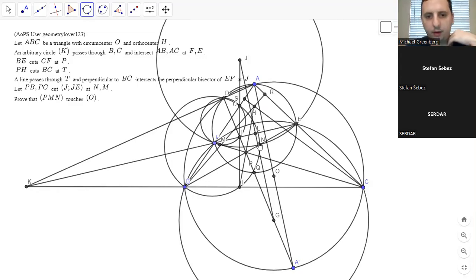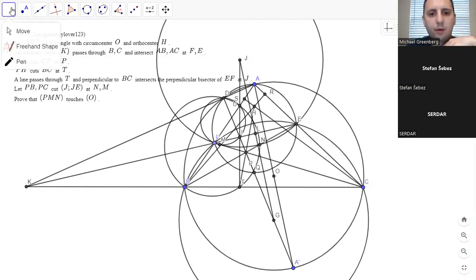Or at least I thought that I saw this earlier. Angle PNM, we want to show that's equal to PDM. But PDM is IDM. We don't know M is on it.